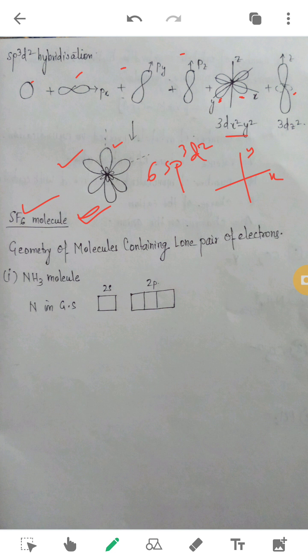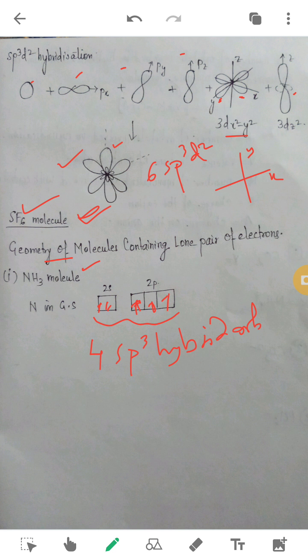Now, next, I told you that I'll tell you the geometry of the molecules containing a lone pair of electrons. That I'm going to tell with the NH3 molecule. See, in the ground state, of course, what happens in the case of NH3 is this, okay. 1s2, 2s2 and 2p3 is the configuration. Now what happens is that in this case, in the ground state itself, the s and the 3 p orbitals will be forming 4 sp3 hybrid orbitals.